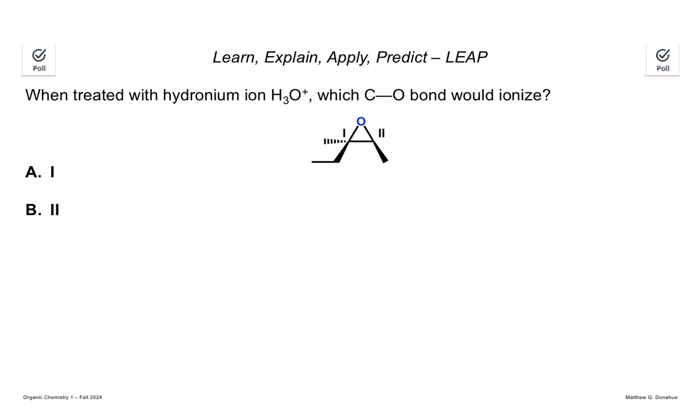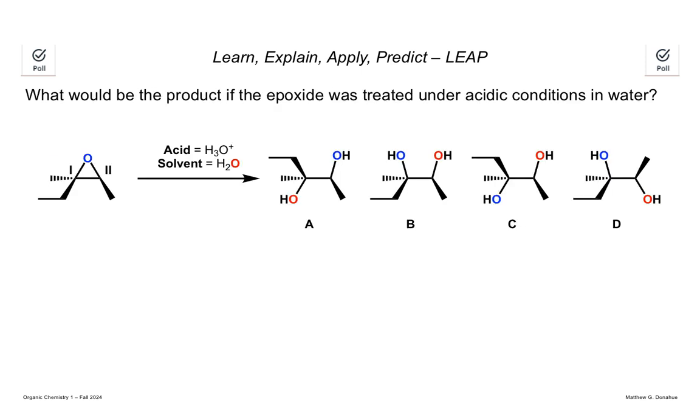So the ionization would occur from Roman numeral 1 after protonation has happened. That generates the tertiary carbocation. So if we're running the reaction with acidic water, now water is going to be a participating nucleophile, so it should be incorporated into the product as highlighted by the red oxygen.